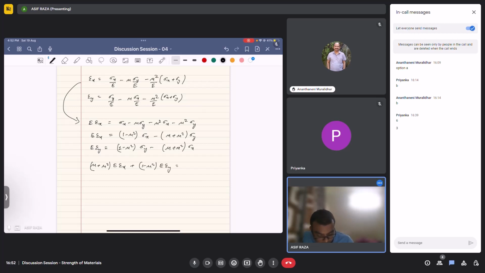So this and this cancel out, that will be equal to minus mu plus mu square whole square sigma y plus 1 minus mu square whole square sigma y.